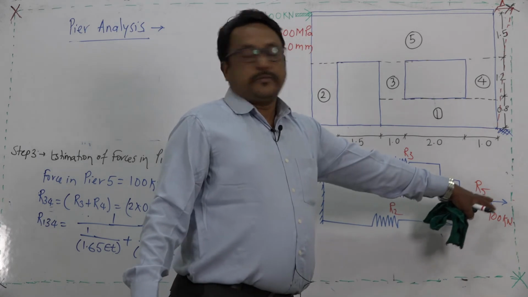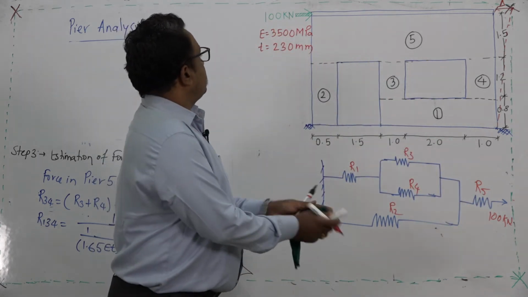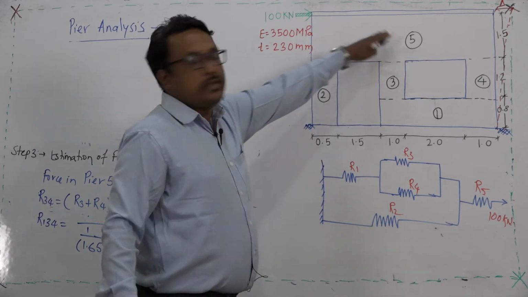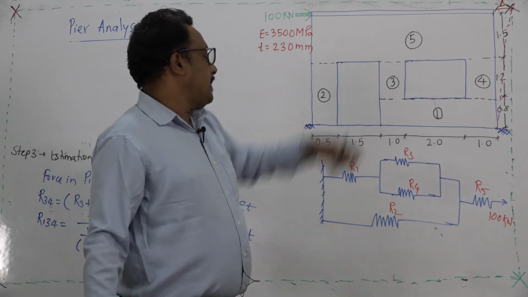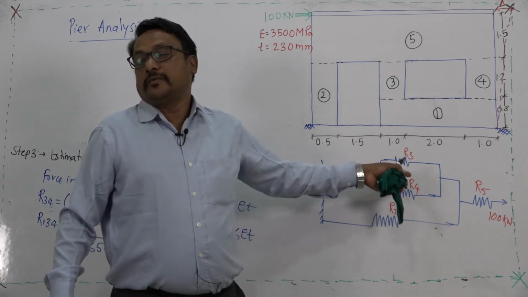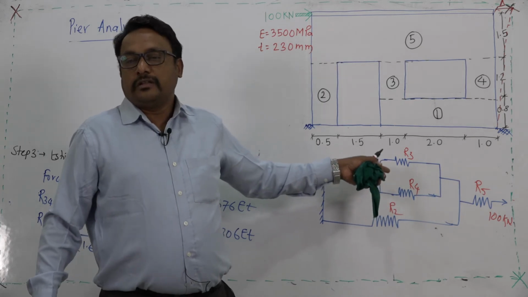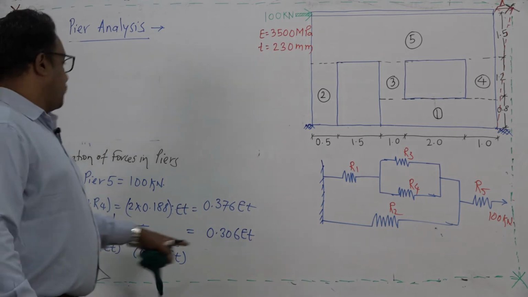We have distributed the force in 5. So, there was no bifurcation while considering the force in pier 5. It will be exactly 100, what the force applied on the pier, but there will now be a distribution, and this distribution of the force will depend upon the stiffness of that pier. So, we have estimated this R134.